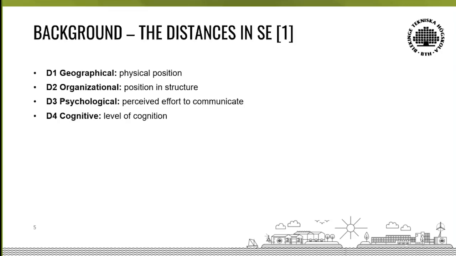Cognitive distance is the difference in the level of cognition between two actors. Adherence is reality versus artifacts. In a software product, we usually expect something to be delivered at the end, and this is the reality, what the software can actually do in real life.